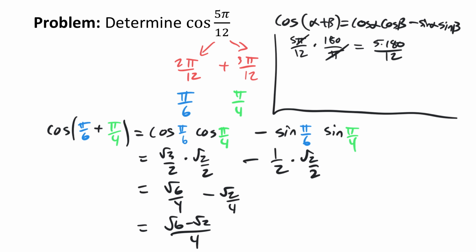Now 180 divided by 12, again, we don't have a calculator, but the 12 is even, so we could make that a 6 and then a 90. Then we could divide again, that'll be a 45 and that'll be a 3. And 3 goes into 45 15 times. So 5 times 15, that'll be 75.